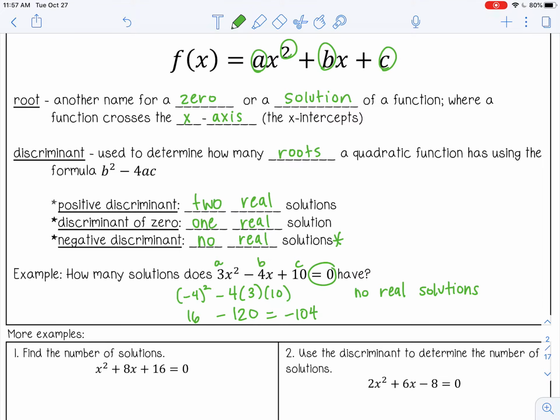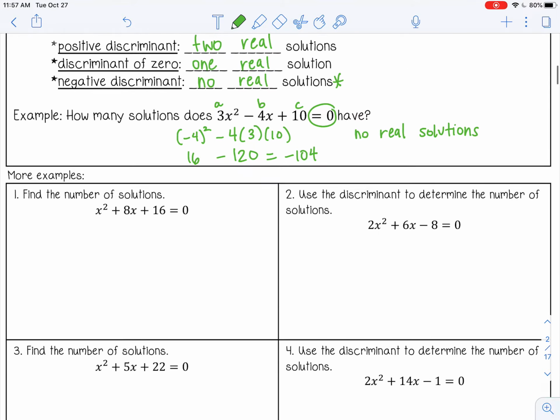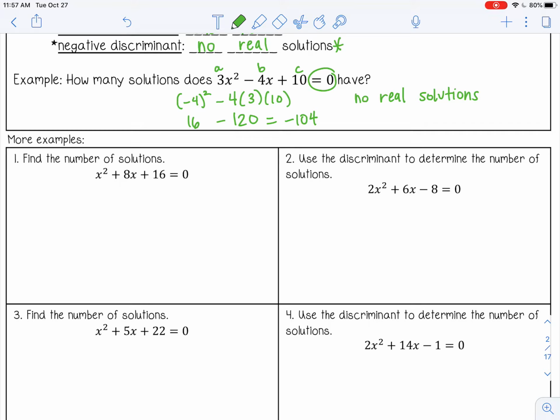All right, let's try a couple more. So find the number of solutions. So our a is 1, our b is 8, and our c is 16. So b squared minus 4ac.